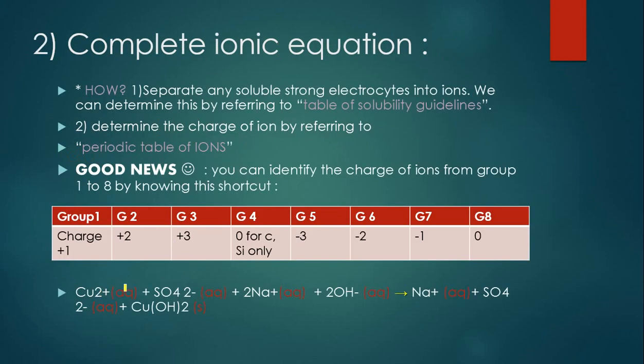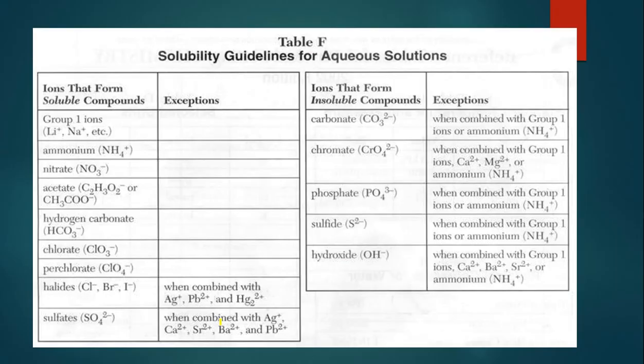As you see in this example, I've put down the complete ionic equation. I've put aqueous for all of them and could separate them, except Cu(OH)2, or copper hydroxide. I will show this copper hydroxide in the table of solubility guidelines.